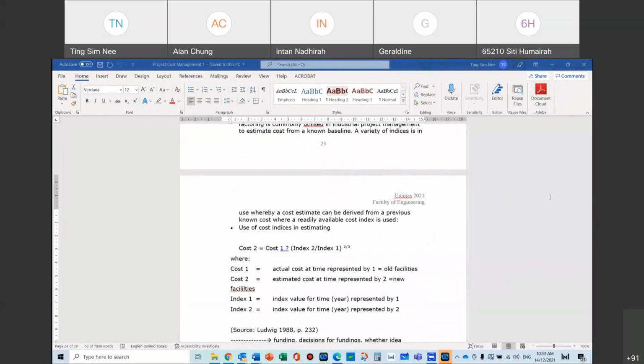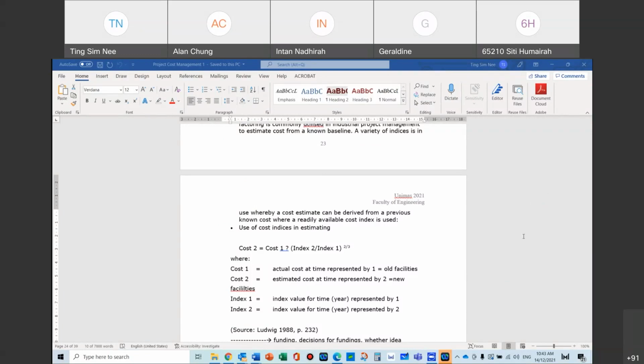The base index is just whatever you are going to be using, numbers or capacities. Just one index, okay? So 1 is the sample facility or sample project that you are referring to. 2 is your project that you are looking to calculate.